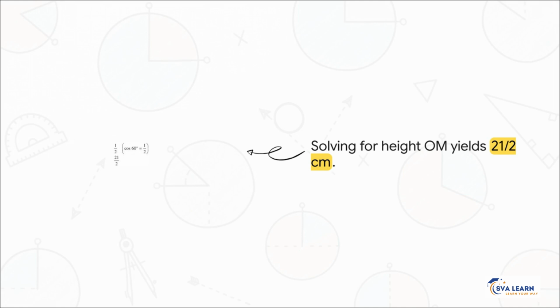And this brilliantly illustrates the power of trigonometric ratios. We know from our trig tables that the cosine of 60 degrees is exactly 1/2. So OM over 21 equals 1/2. We multiply both sides by 21, and our triangle's height, OM, elegantly simplifies down to 21/2 centimeters. See, we have our height.